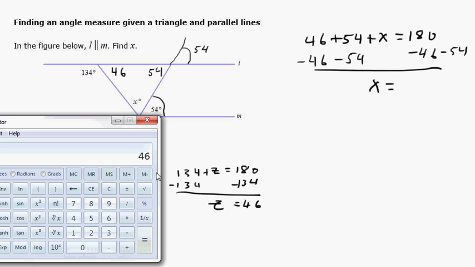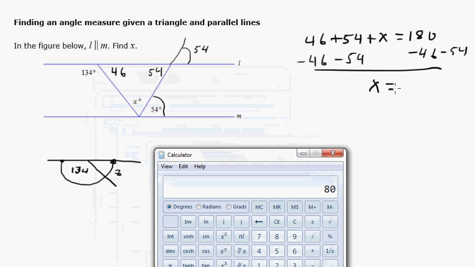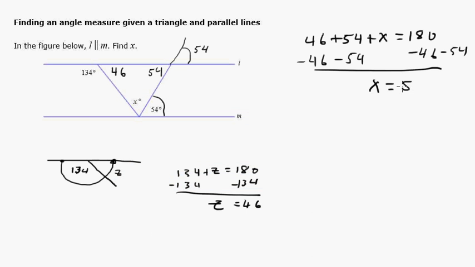So let's just do that. We'll use the calculator again. Clear. 180 minus 46 minus 54 equals 80. Okay, 80 degrees. So x is 80 degrees.